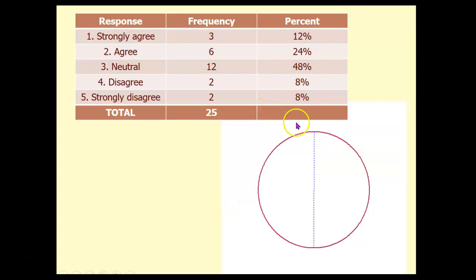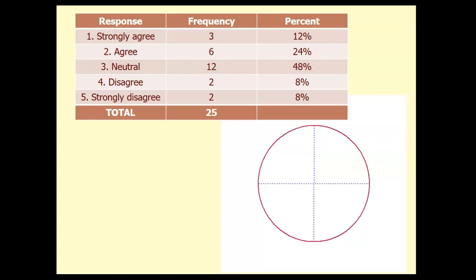But let me go ahead and divide the circle in half the other way. So now it's in quarters. So if anything was 25%, it would be 1/4 of the circle, one of these fourths. Now, none of these are exactly 25%, but one of them's 24%, so that's pretty close. It's going to be just a little bit smaller than one of these quarters.